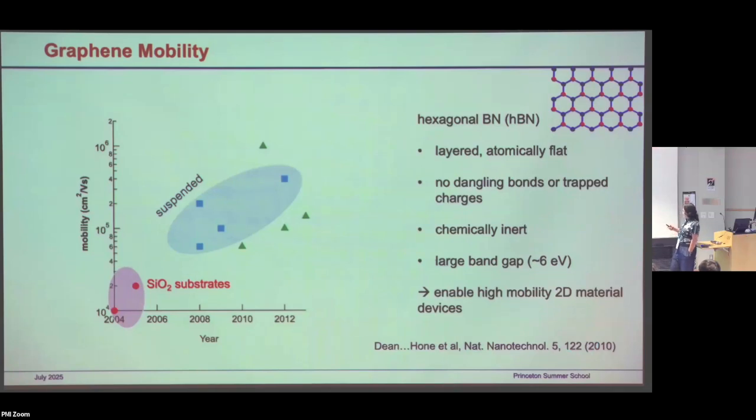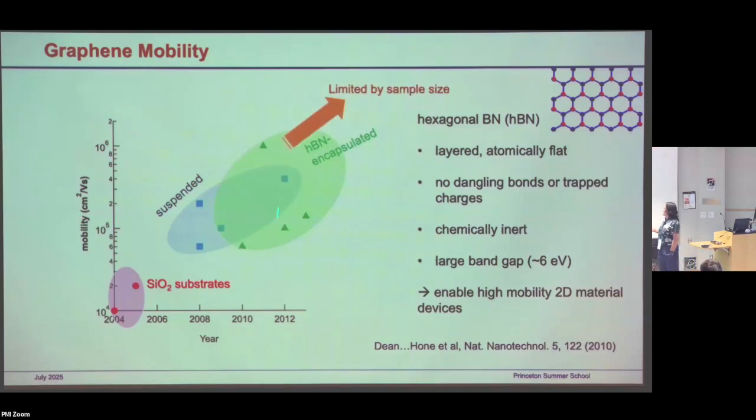In this case, let's say for a suspended device, mobility goes to a few hundred thousand. So a few orders of magnitude improvement. And for hBN-encapsulated devices, mobility goes above a million. At this point, mobility stops being a good measurement because the devices are typically pretty small, probably 10 or 20 microns in size at most, so it is now limited by the sample size.